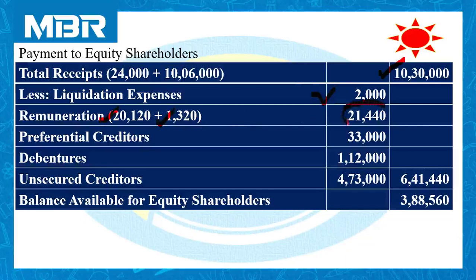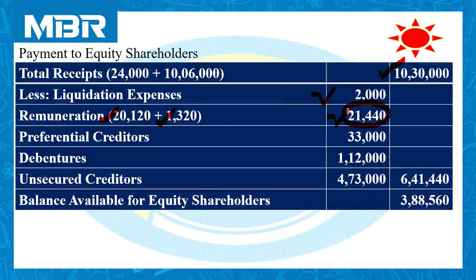So far we can pay them 21,440. The third amount, 10% on payment to equity shareholders, that we have to calculate, and we are doing this exercise for the calculation of remuneration for the liquidator on payment to equity shareholders.